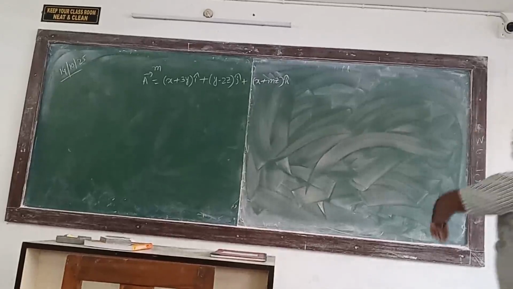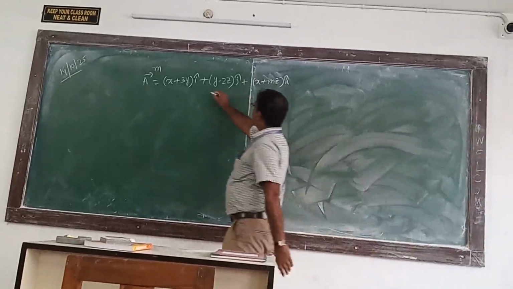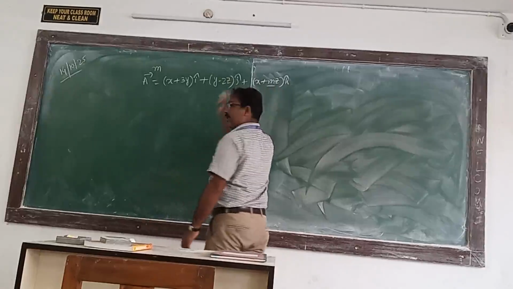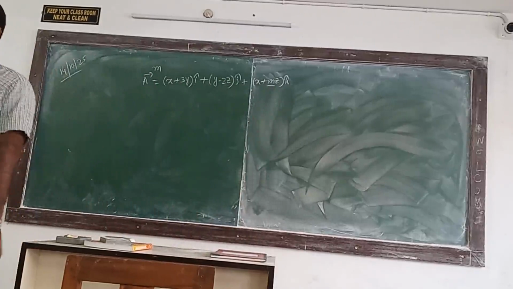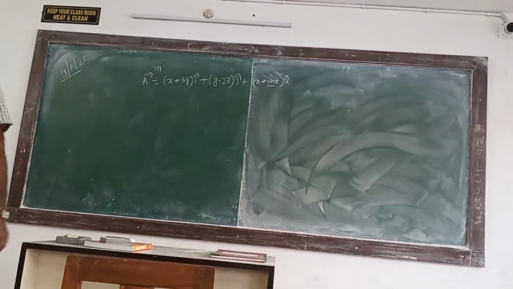All the others are x, y, z, but here there is m. m is a constant. Find out the value of that constant m so that the vector A is solenoidal.